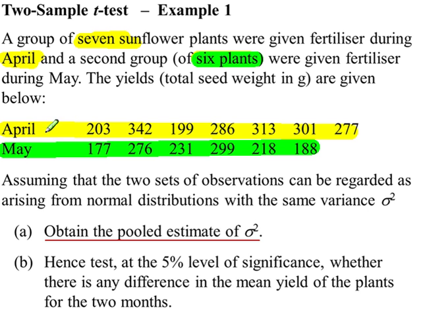Example 1, we have two samples. The first has a sample size of 7, the second a sample size of 6, and we're going to calculate this pooled estimate of the population variance first.